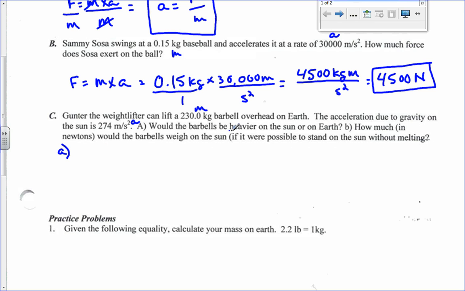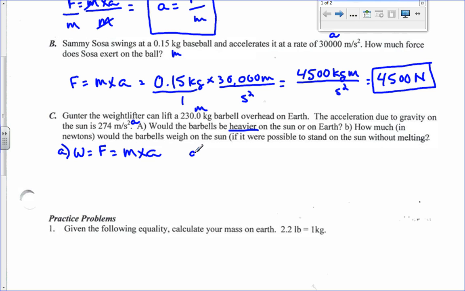that heavy or weight is the same thing as what? Force, due to gravity. And force is mass times acceleration. Well, the mass is 230 kilograms.